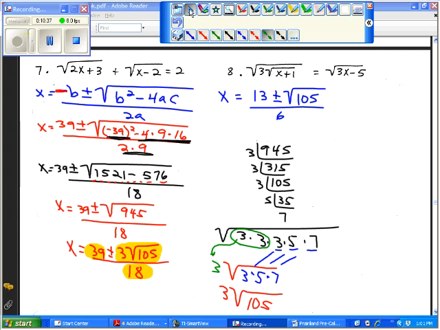So we reduced by dividing each term by the greatest common factor 3. Let's see, we got all that. Okay, I'm going to make that go away.